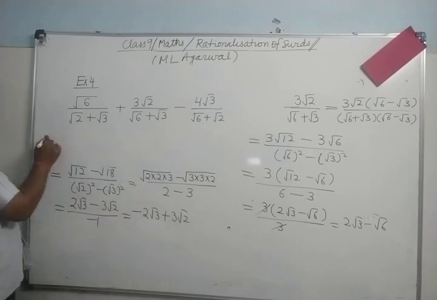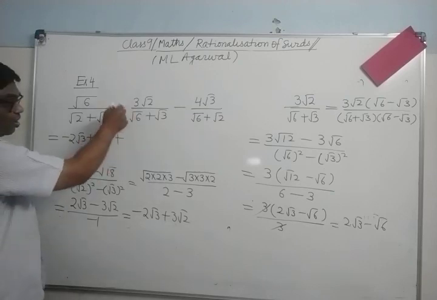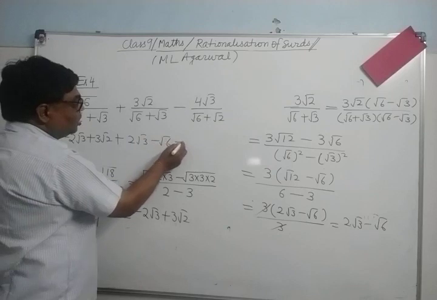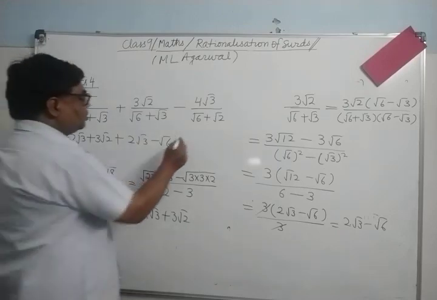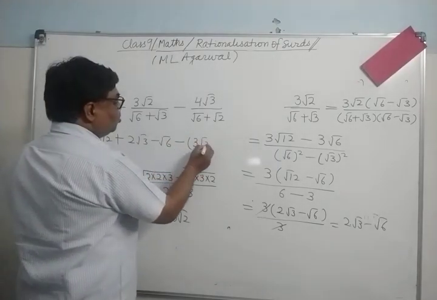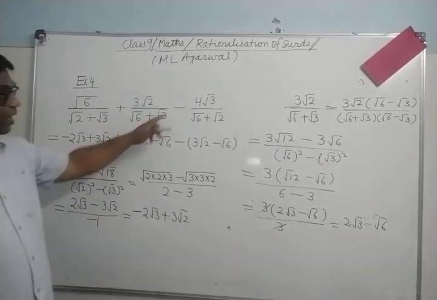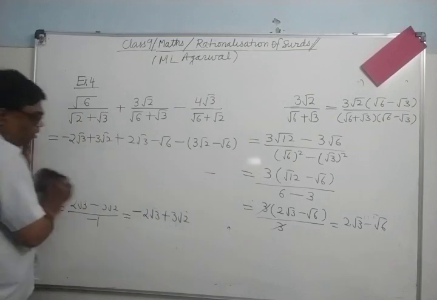Here this is minus 2√3 plus 3√2. Now here it is 2√3 minus √6. When you simplify the third one, it comes out 3√2 minus √6. It's clear? Since there is a minus sign, you will write it in a bracket.